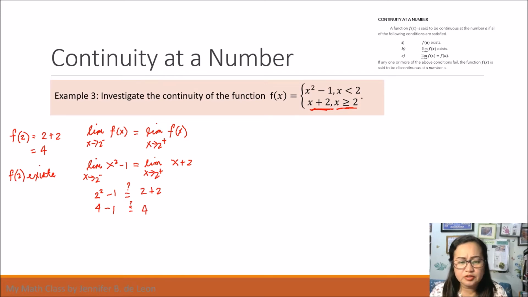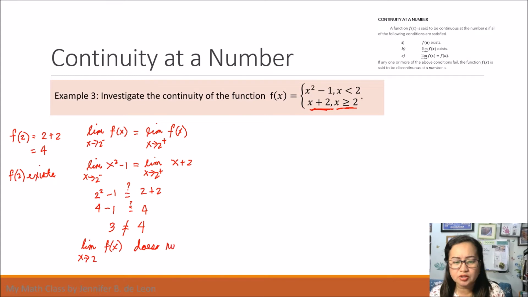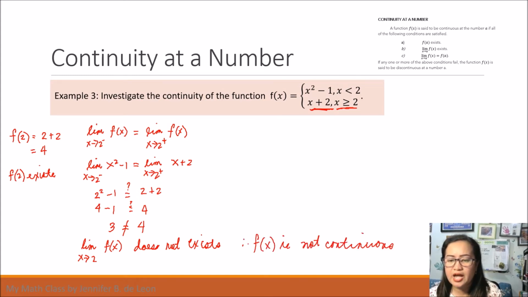Now we simplify, then we conclude since 3 is not equal to 4, then the limit of f of x as x approaches 2 does not exist, since we have arrived at two different values. So with this, we can say that f of x is not continuous at x equals 2.